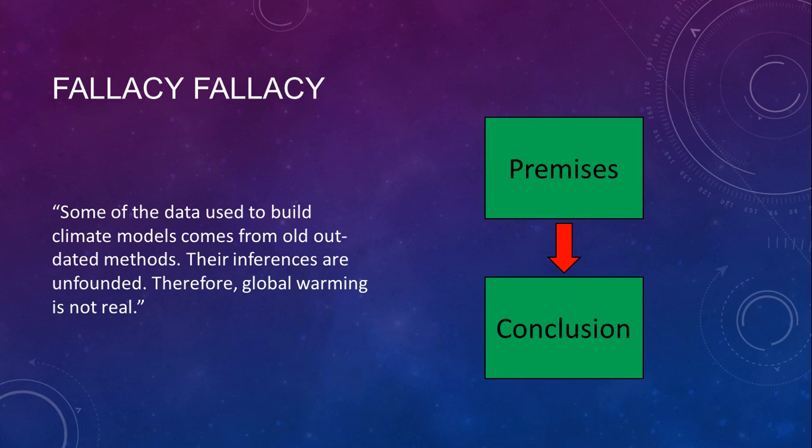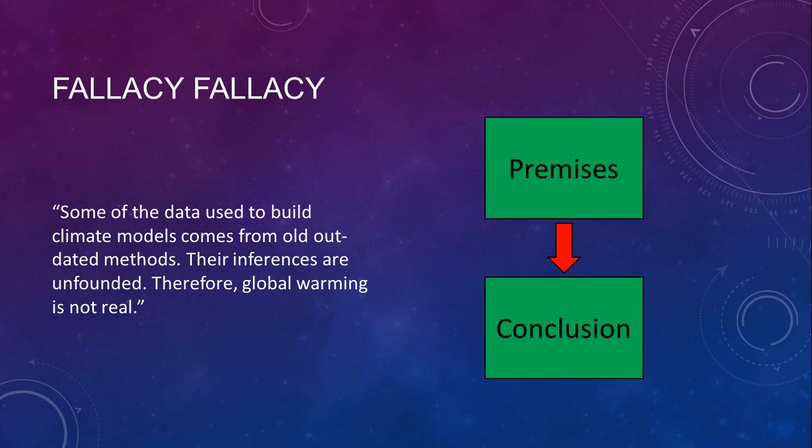So just for reference, it is the case that some of the data used to build climate models comes from really old techniques that probably have some errors in them. That is, as far as I know, a fact of the matter. Yeah. But by their own definition, they're saying some. Some, right. So it's not even a good premise to start with. Not a good premise. Not a good inference.